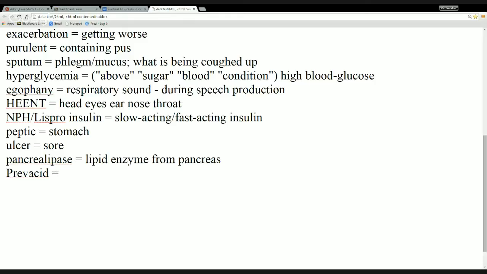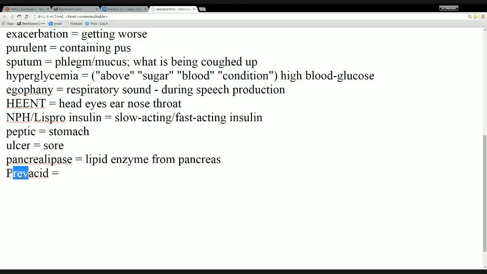And I really kind of like how this name was invented, let's say. It has the word acid in it, okay? And what it is, it's to treat heartburn, which would be when stomach acid is causing problems.